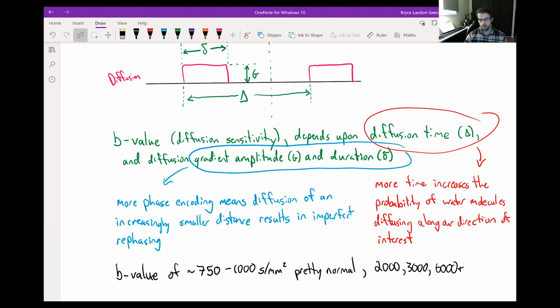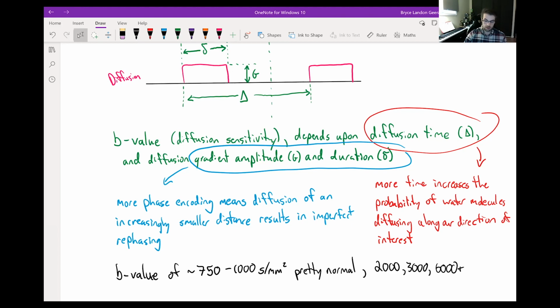And they'll, of course, be more sensitive to diffusion in small distances, but result in much less signal available. So you need to compensate typically with something like higher field strength or larger voxels or that kind of thing to make sure that you're still outweighing noise in your signal to noise ratio. But just to give you a rule of thumb for what kind of diffusion weighted image you're looking at.